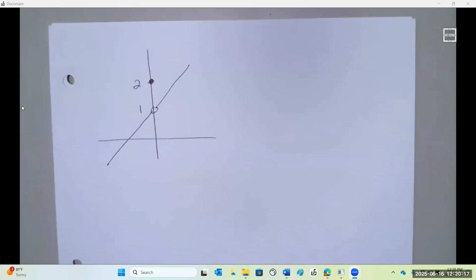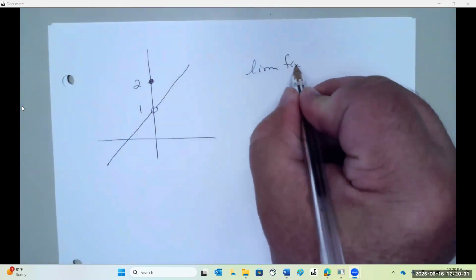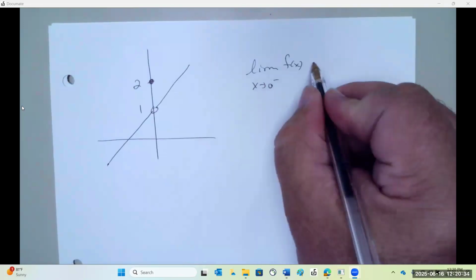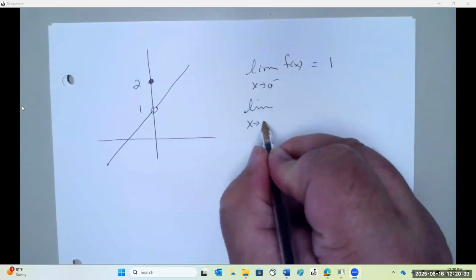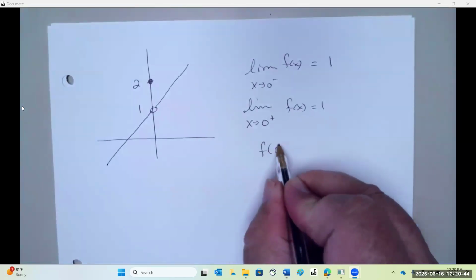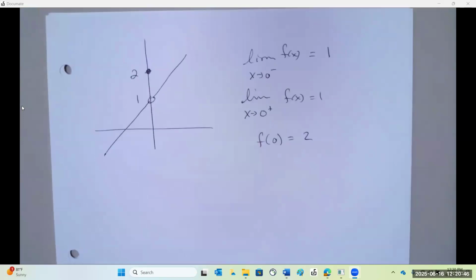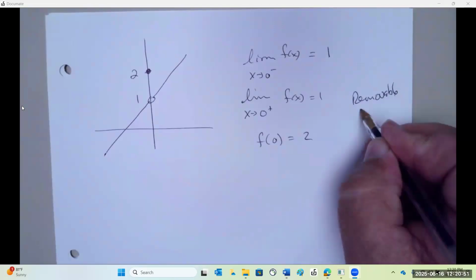How? How would we do that? There's always a way we can do this. Because again, the limit as x approaches 0 from the left equals 1. The limit as x approaches 0 from the right equals 1. The function at 0 is 2. It's a removable discontinuity.